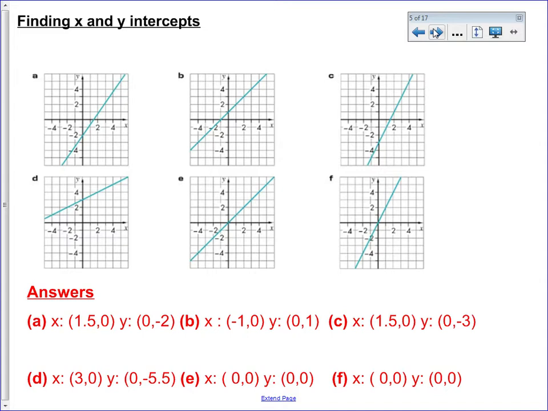I want you to pay special attention to E and F. The x and y intercepts here are both 0, 0. That is called the origin. If a graph goes through the origin, we need to use a different method to plot the linear equation.